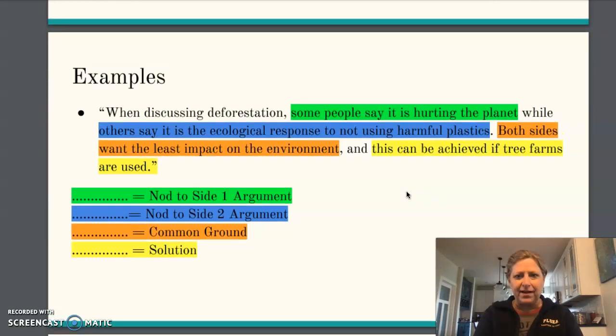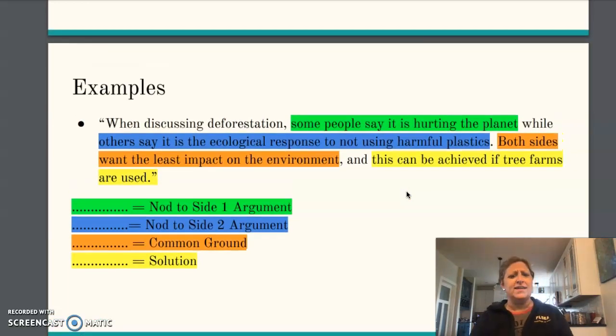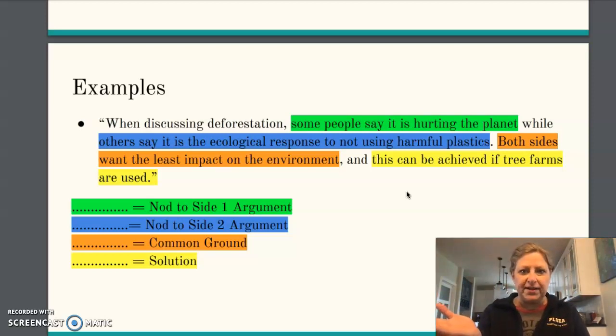Examples. I color-coded them. Hopefully that is helpful to you. So I'm just going to read it. When discussing deforestation, some people say it is hurting the planet. That's the nod to side 1. While others say it is the ecological response to not using harmful plastics. Nod to side 2.